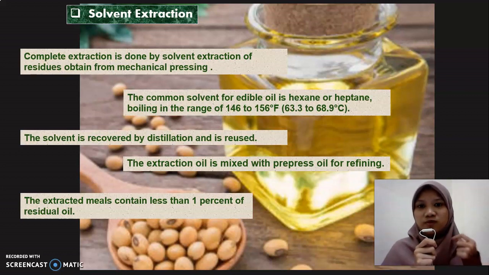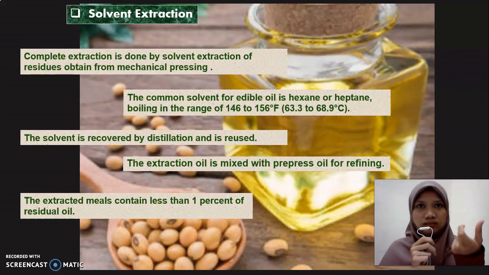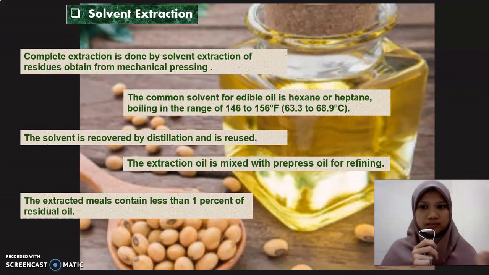The common solvent for edible oil is hexane or heptane, commonly known as petroleum ether, because the boiling point is about 63.3 to 68.9 degrees Celsius, which is less than the boiling point of oil.